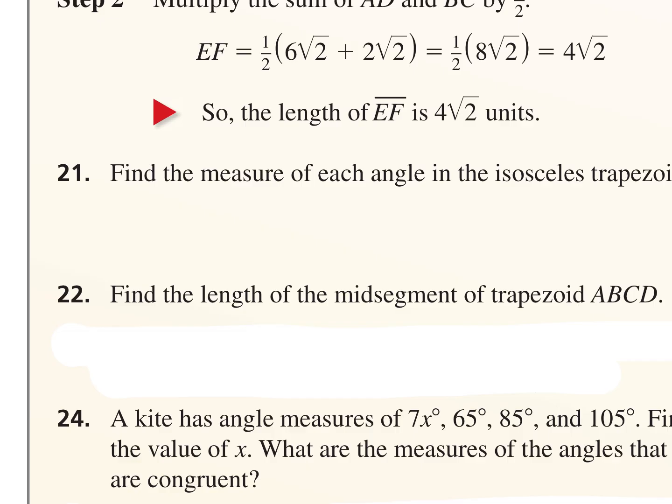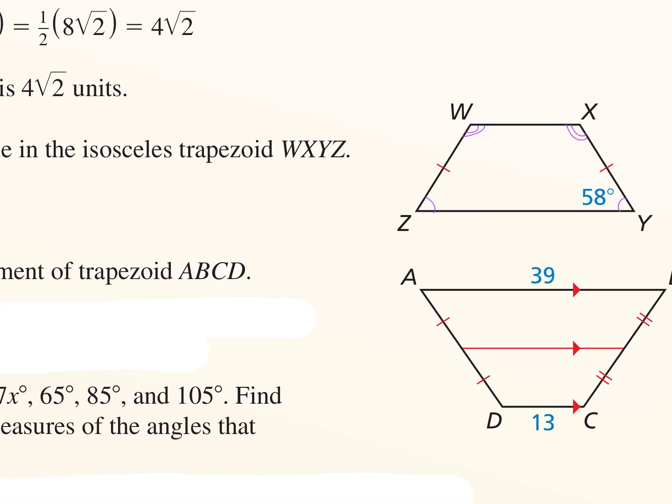I know angle Z is 58. And they also gave me angle Y, which was 58. How am I solving for W and X? These angles are consecutive. So that means they're going to add to equal 180.